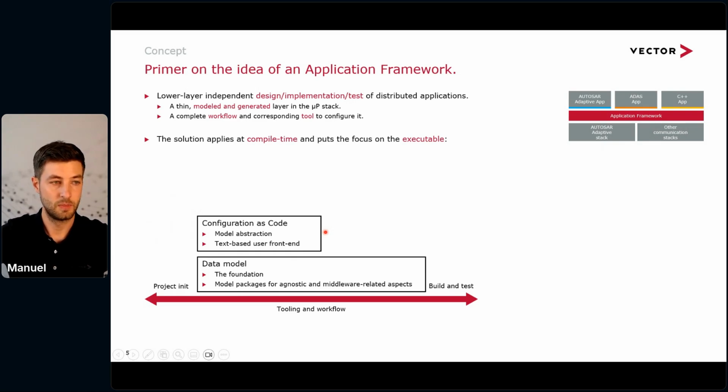The tooling is text-based, a command line tool, in order to be ready with this framework for good integration with CI/CD ecosystems, so automated pipelines, and also the current hype with AI-based system agents, where it's also beneficial to have text-based solutions that can be integrated well with such AI systems. So this configuration-as-code Python layer is an abstraction of the model and the user-facing part.